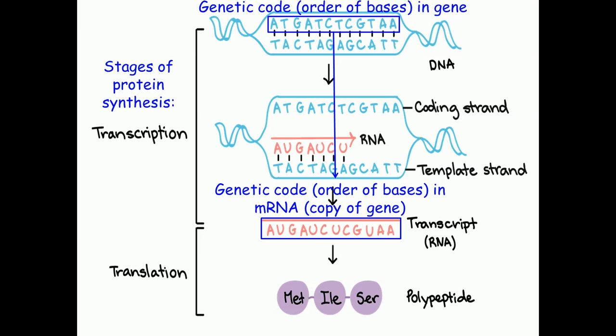It contains the genetic code, the order of bases, and that mRNA leaves the nucleus through the nuclear pore and travels to the ribosome, where it provides the instruction to put amino acids in the correct order, which can be linked together to make the polypeptide chain that forms our protein.